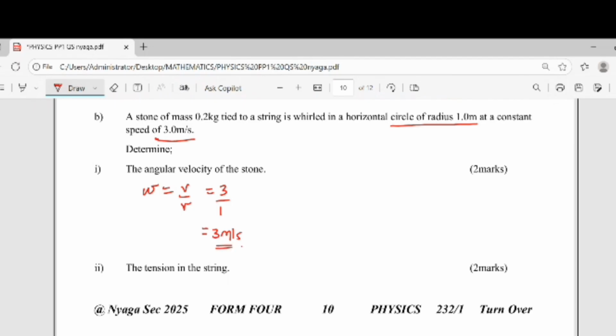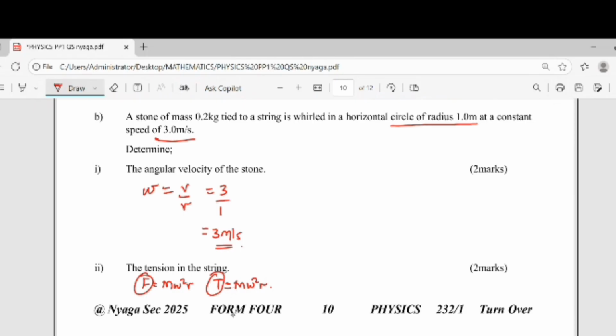Then Roman 2, the tension in the string. We know that from the formula, force is equals to m omega squared r. We can also equate the force to be T is equals to m omega squared r, because tension is also another form of force, tensional force.